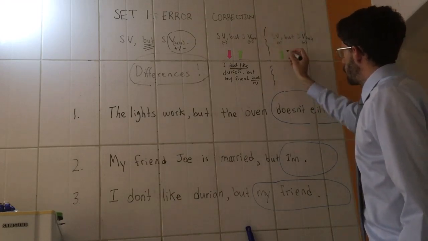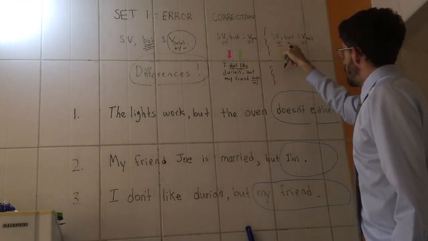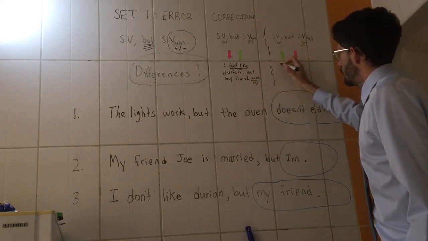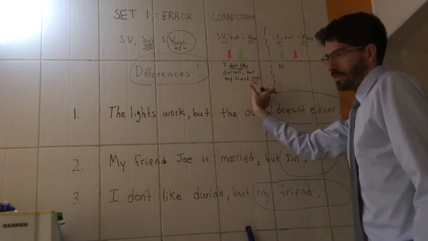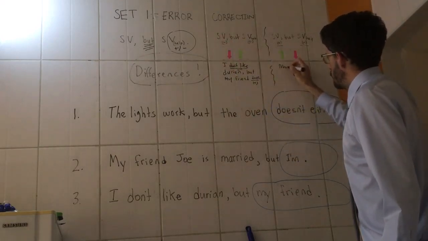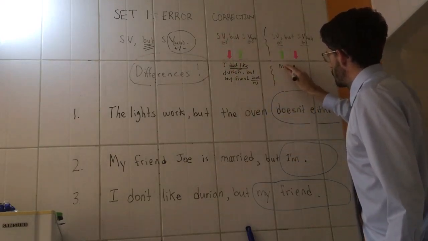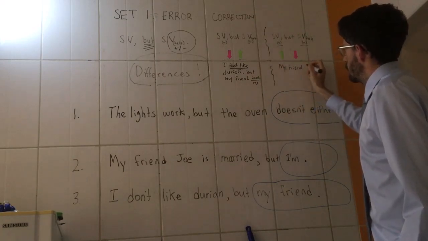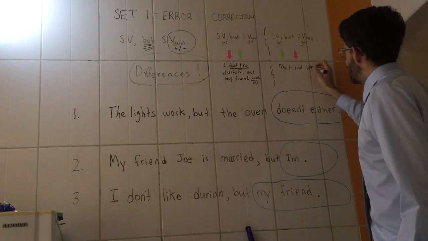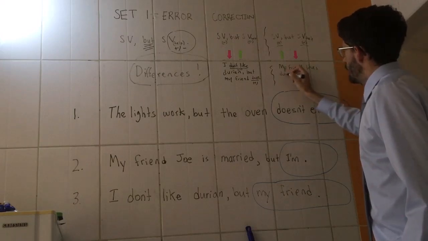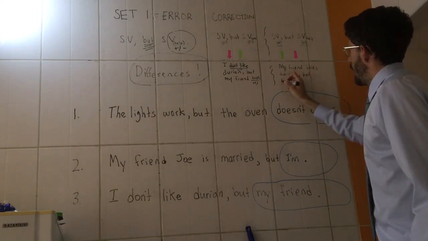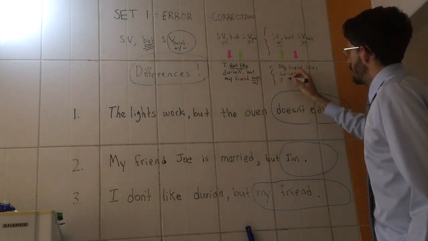So if positive is first, but negative, okay? So I can switch the order. I can say, my friend likes durian, comma, but I don't.